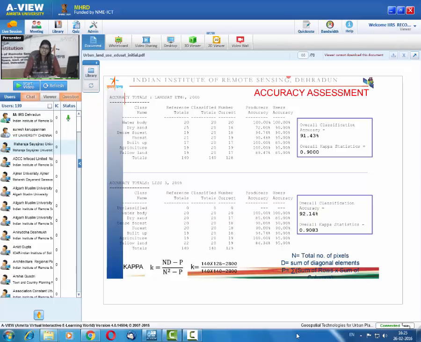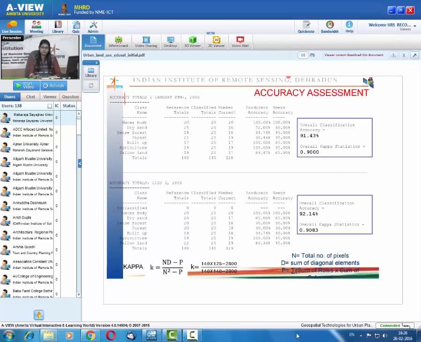That means misclassified pixels are less and it is a good classification. If it is not a good classification, if your accuracy is falling below 85%, then you can go for reclassification of the imagery.